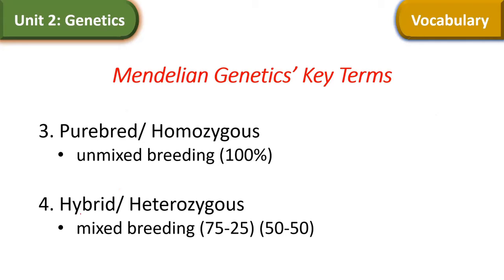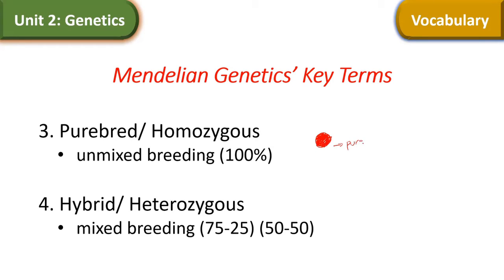And number 4, we have your hybrid or heterozygous. If we talk about purebred or homozygous, it means unmixed breeding, or it's pure, or shall we say 100%. So for example, I have here a circle. If I color this circle red, we can say that this circle is pure.